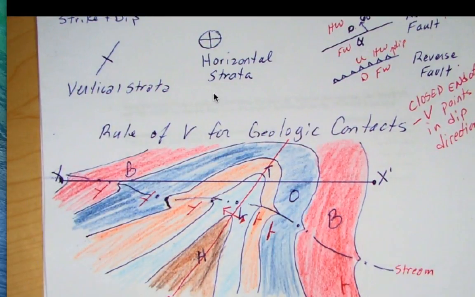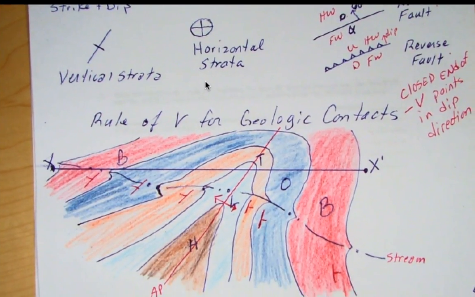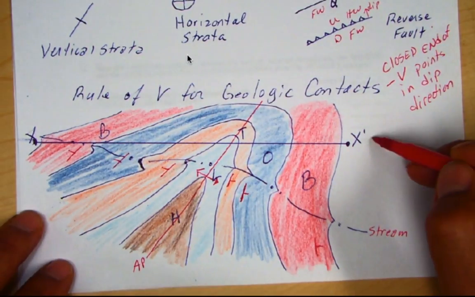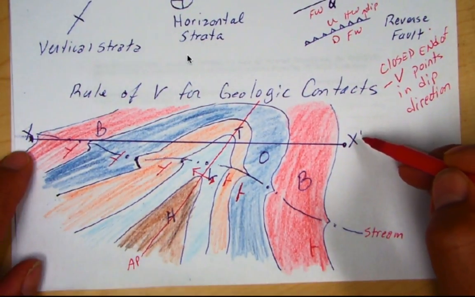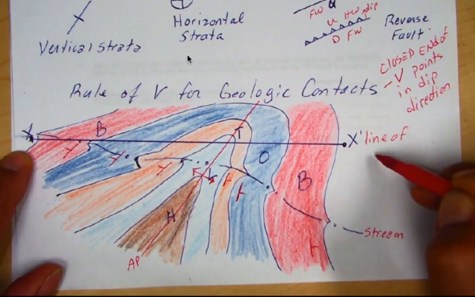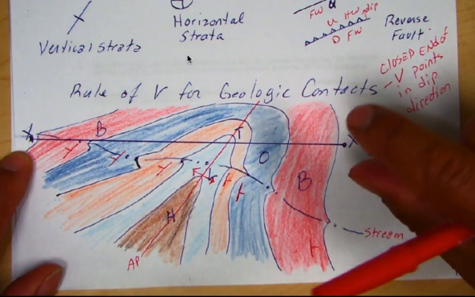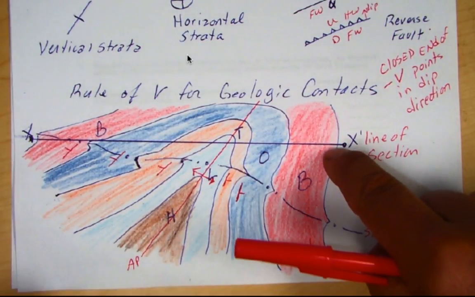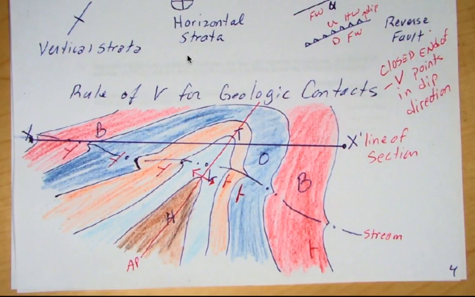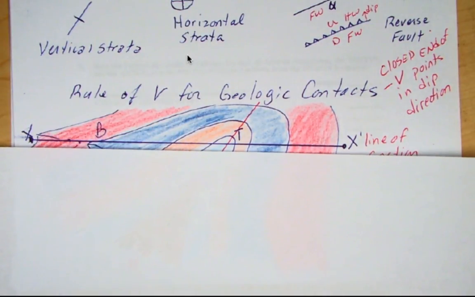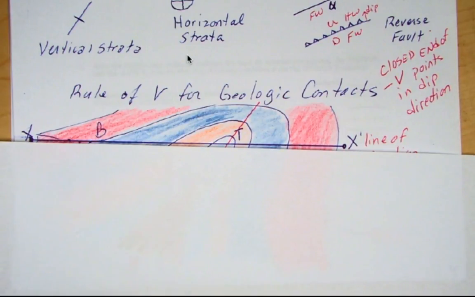But the next thing we want to do here is make a cross section. This line X to X prime here is called the line of section. Just like I'm cutting through a birthday cake, I want to see what the layers look like underneath. The way to do that is you'll need a separate piece of paper, and you'll place the paper on the line of section.